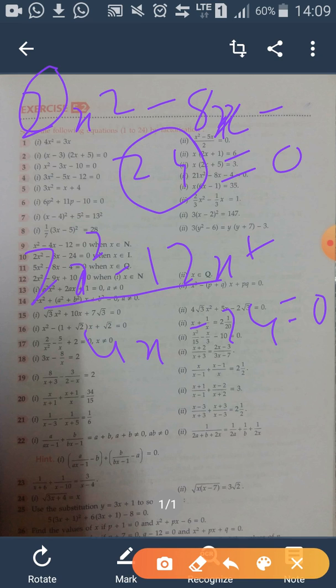From these two, what can we take common? We can take 2x common: 2x into x minus 6, plus 4 into x minus 6.